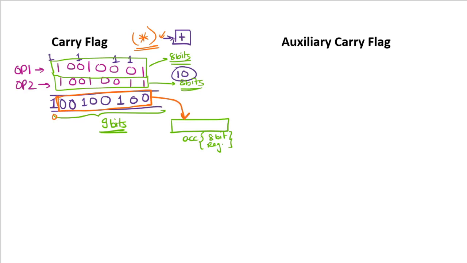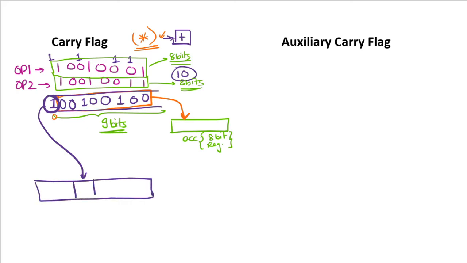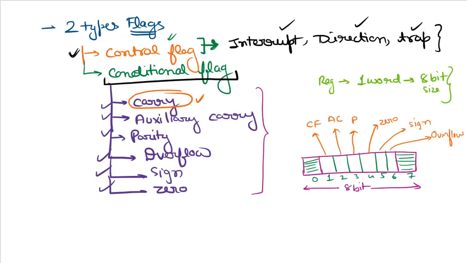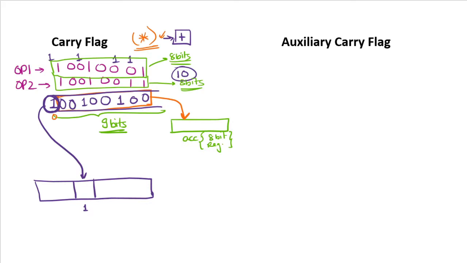And we take the remaining part and save it in the flag register. Where will we store this value? We will store it in index 1. Index 1 is the carry flag, so we will store 1 here.